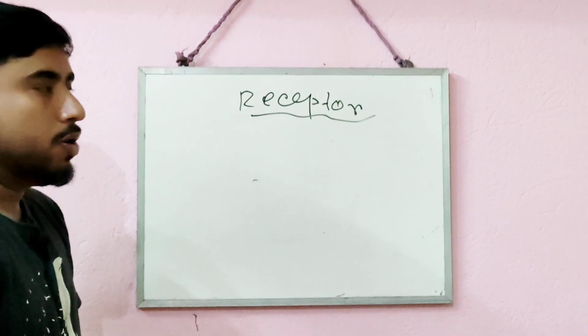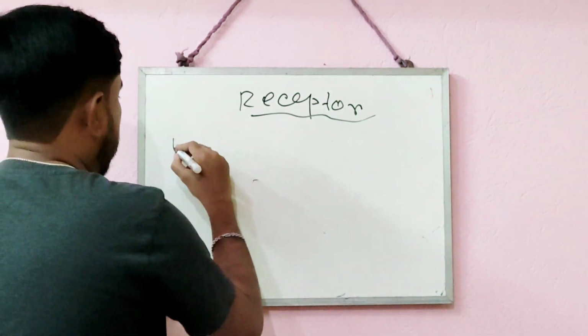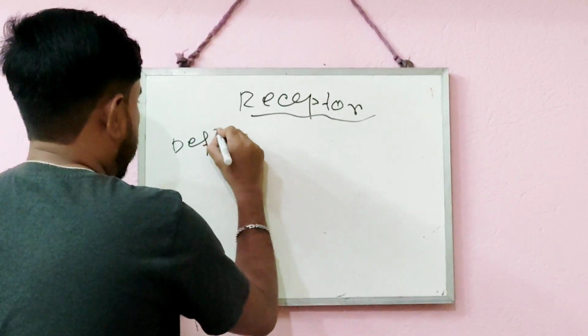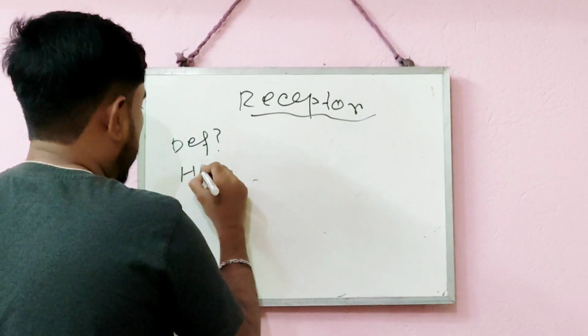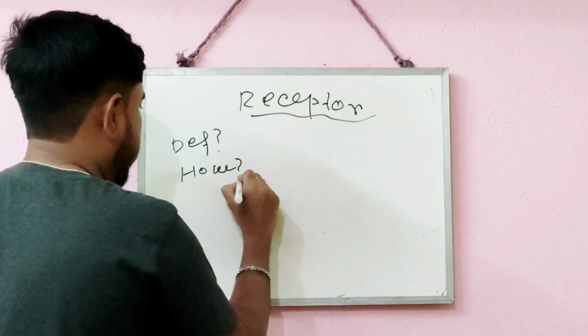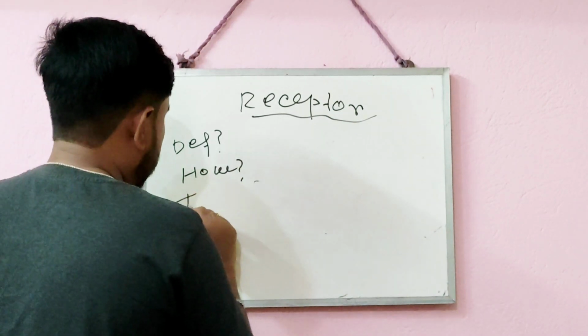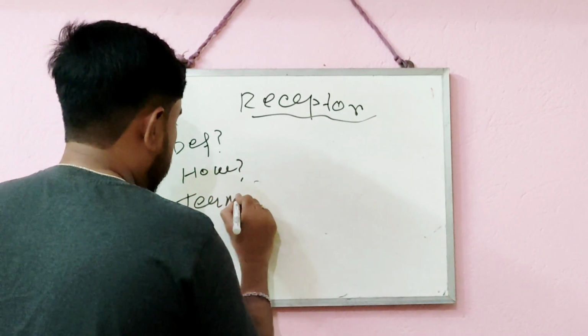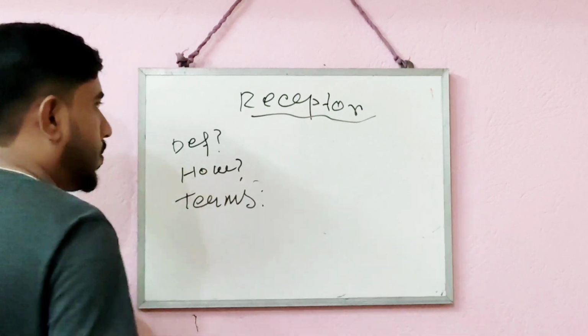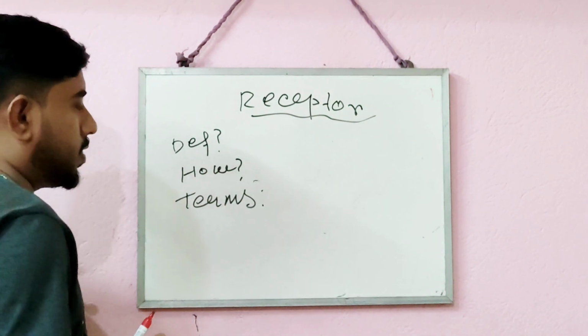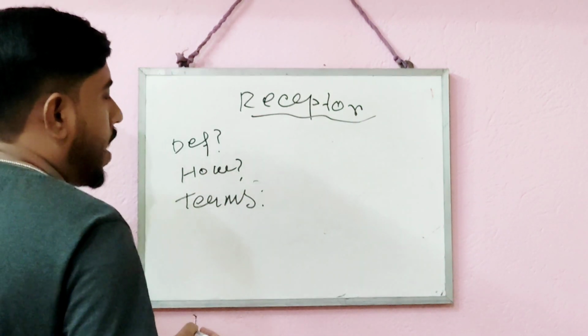In that, we are going to discuss the definition of receptor, how it is going to show its action, and different important terms related to receptor drug binding action, how it is going to act.